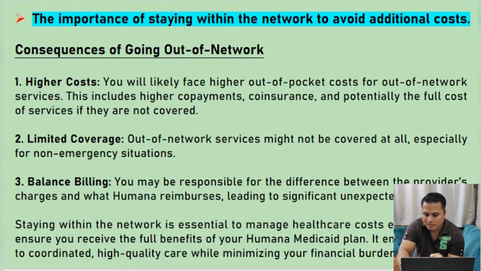Out of network services might not be covered at all, especially for non-emergency situations. Number three, balance billing. You may be responsible for the difference between the provider's charges and what Humana reimburses, leading to significant unexpected expenses.